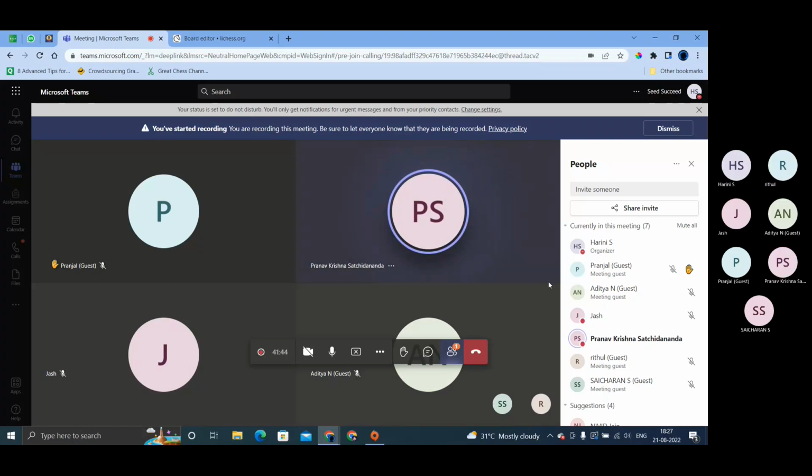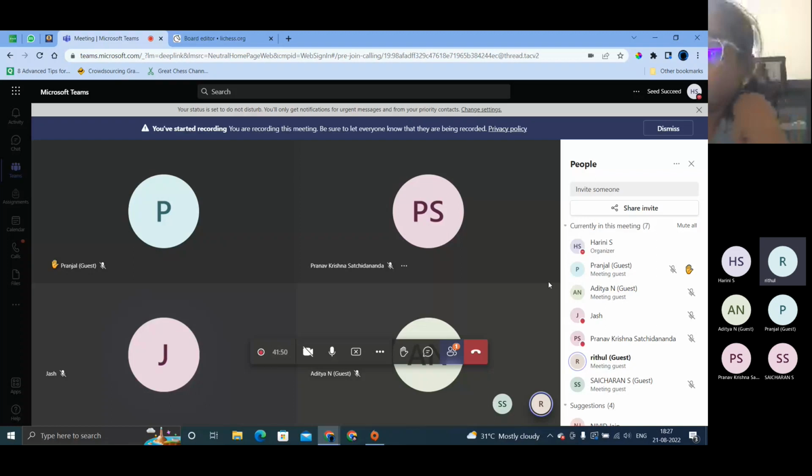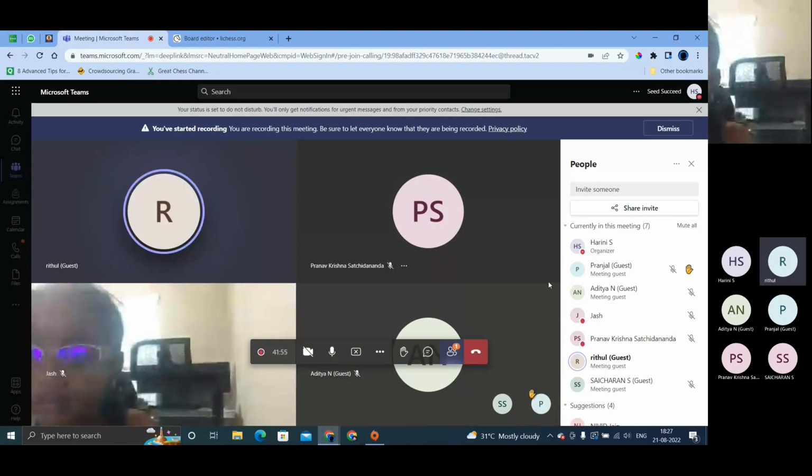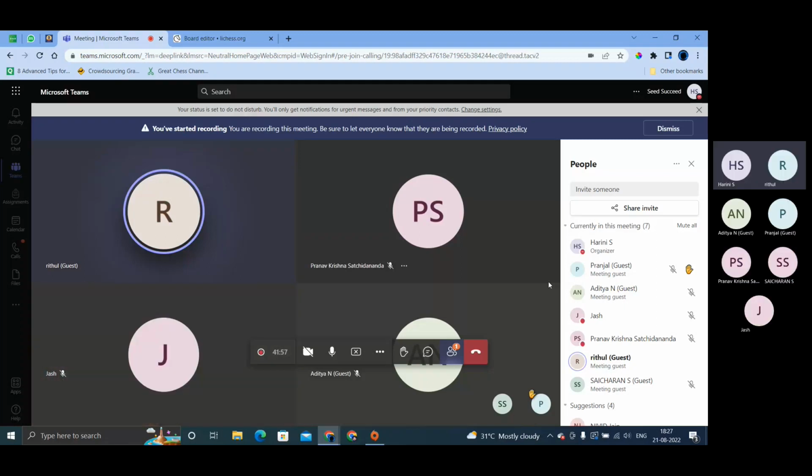Ritul. King will not go to the square which is controlled by the opponent.